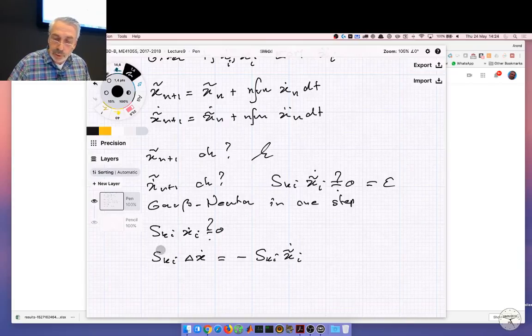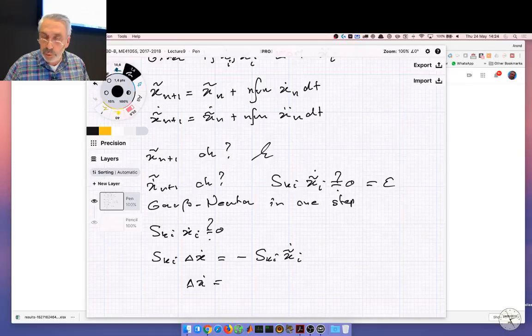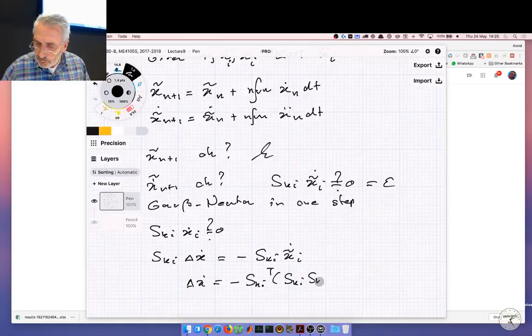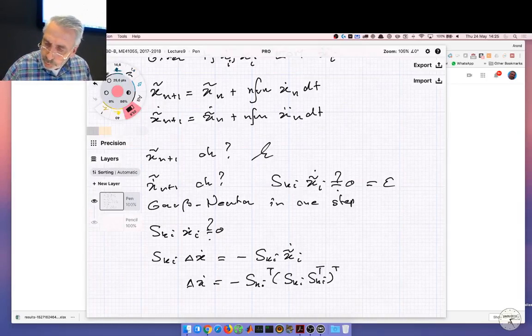Now again, we cannot solve this because it's one equation with a lot of unknowns, but we have a solution to that. The increment is this Moore-Penrose inverse. Shall I write it out? So minus Ψ transpose, Ψ Ψ transpose to the power minus 1.